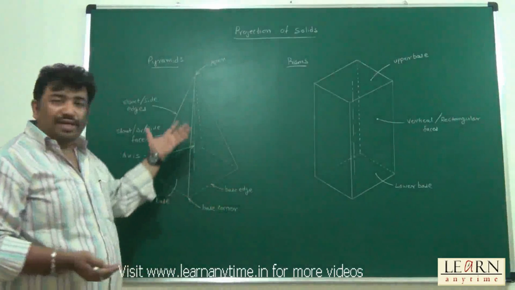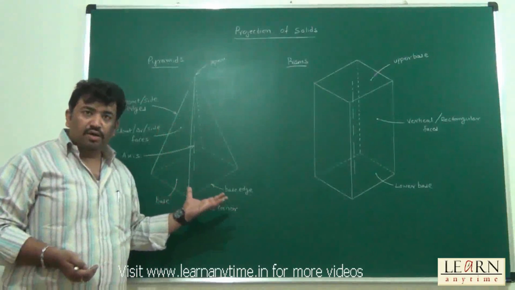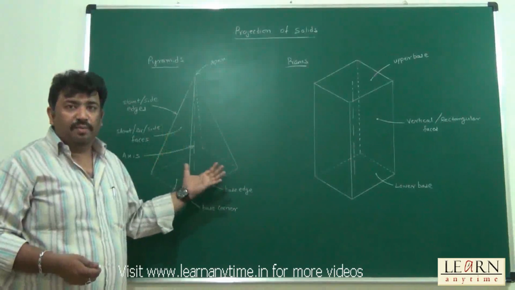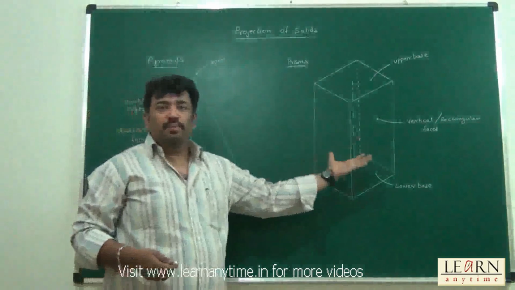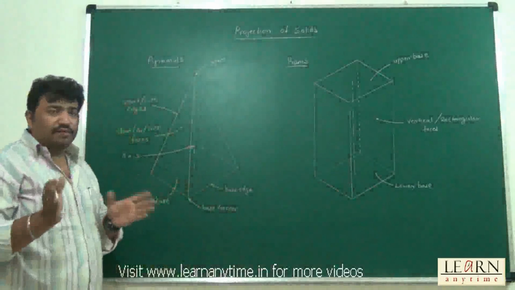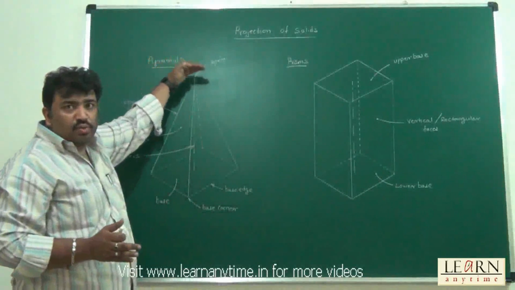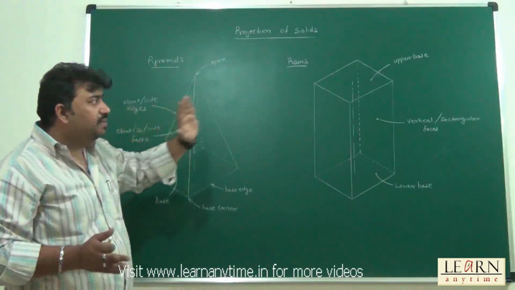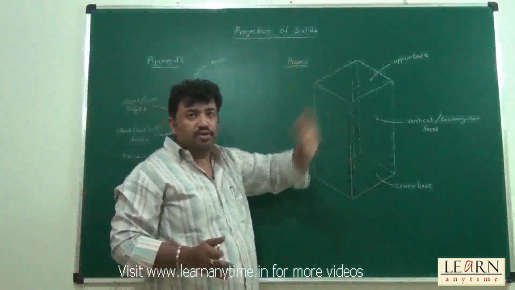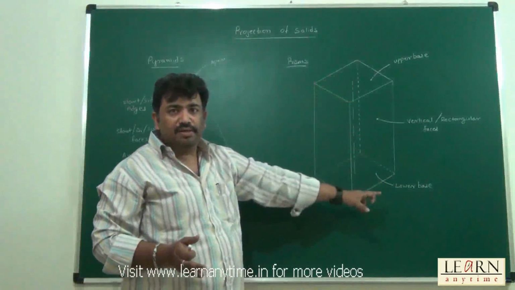For example, this pyramid, the base looks like a square, so we call it a square pyramid, and this we call a square prism. The major difference between pyramids and prisms is that a pyramid has an apex on one side and a base on the other side, while a prism has bases on both sides. No apex in case of prisms. That's why you have an upper base and a lower base.